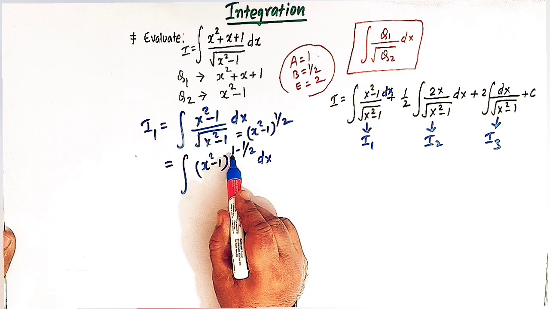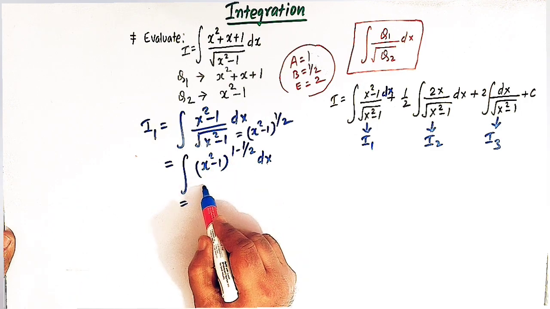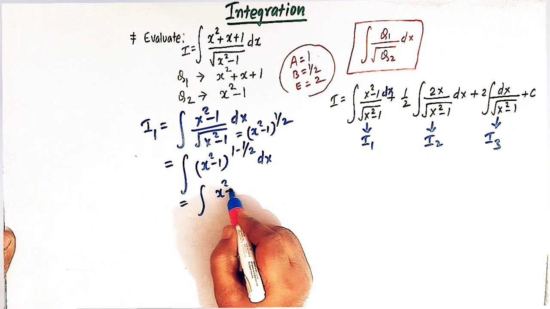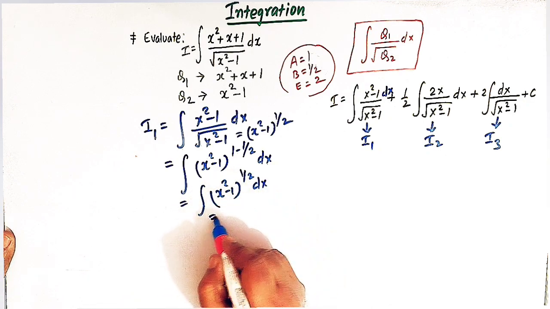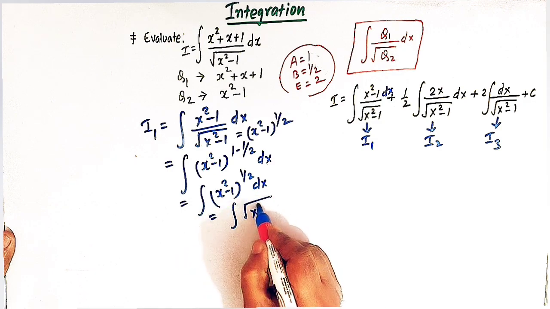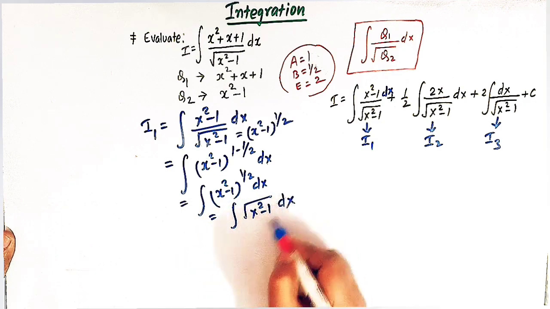So subtracting these two numbers, we have the integral of (x² − 1) raised to half dx, which can also be written as the integral of √(x² − 1) dx.